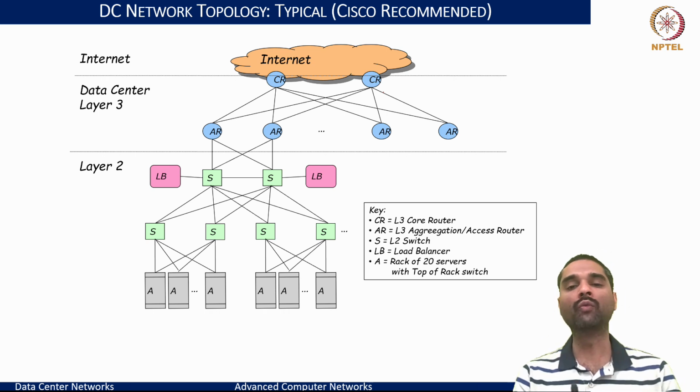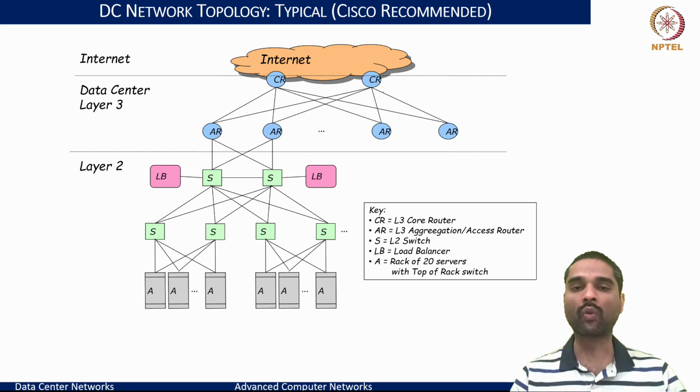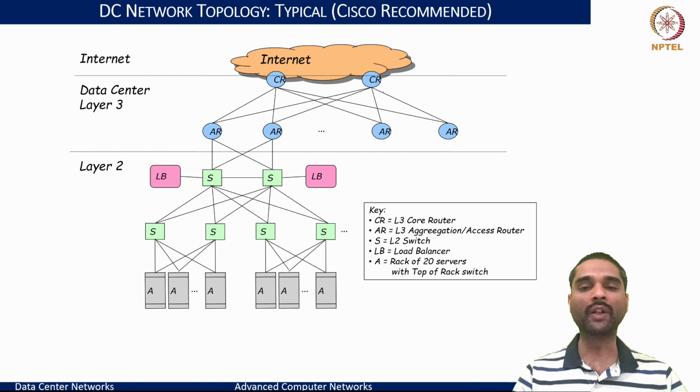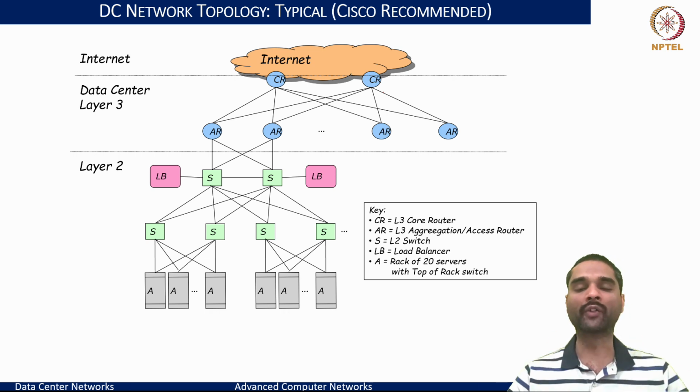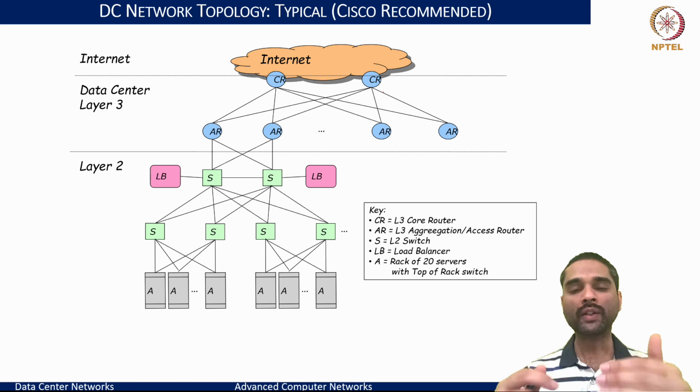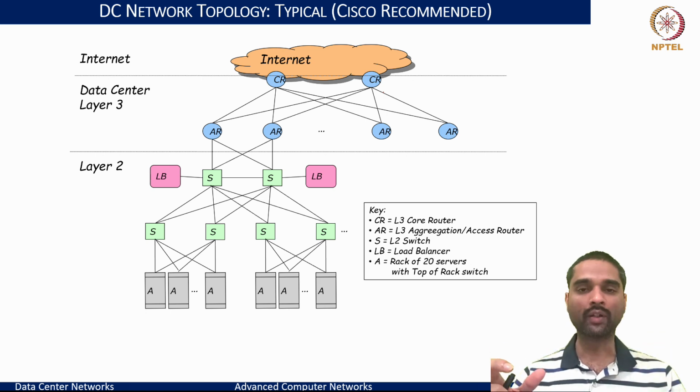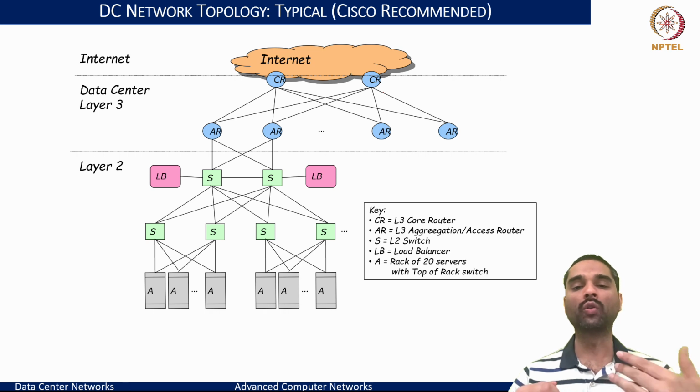By fabric, we mean what kind of network topology, what the link bandwidths are, what kind of switches, and what the capabilities of each switch are. All that a data center owner decides. And this is where the data center's layer 3 networking starts. These core routers, which connect to the internet, inside the data center connect to what we call the aggregation routers.